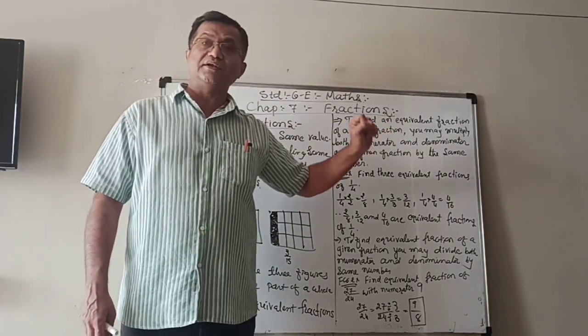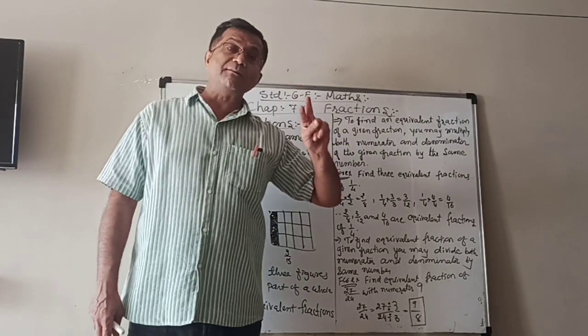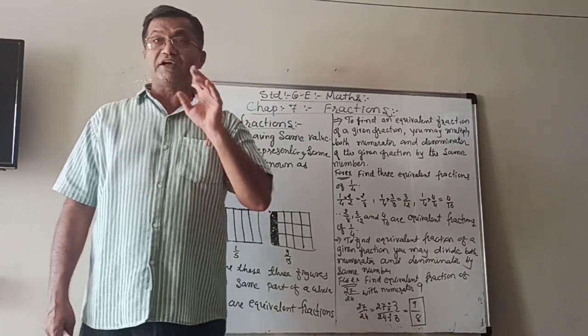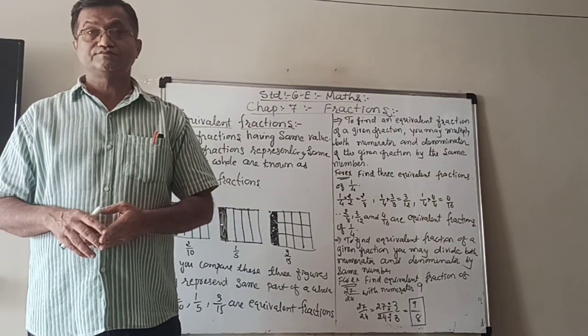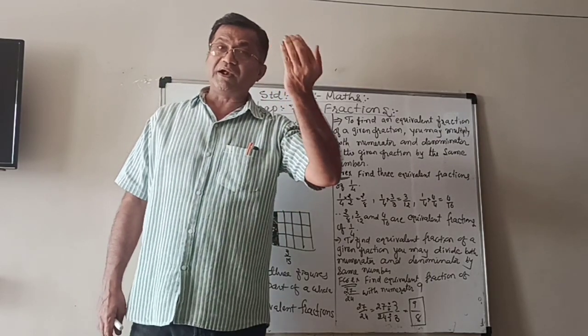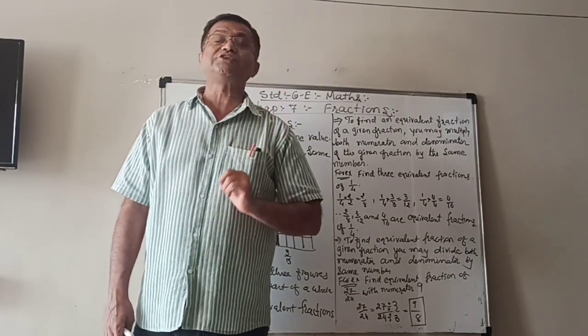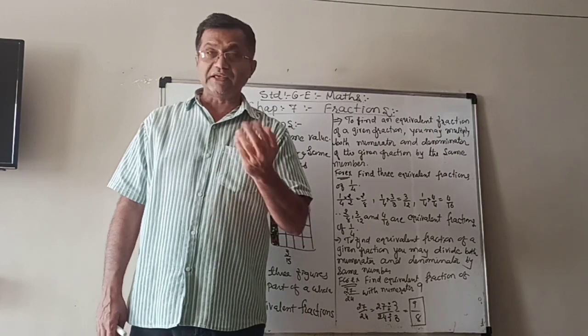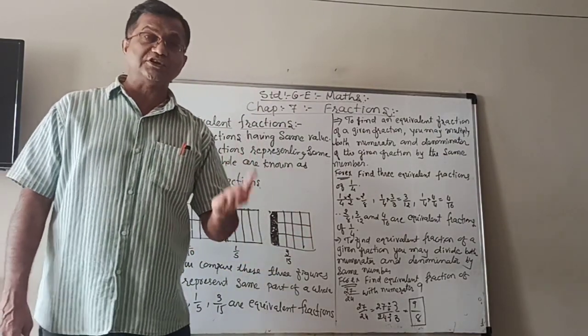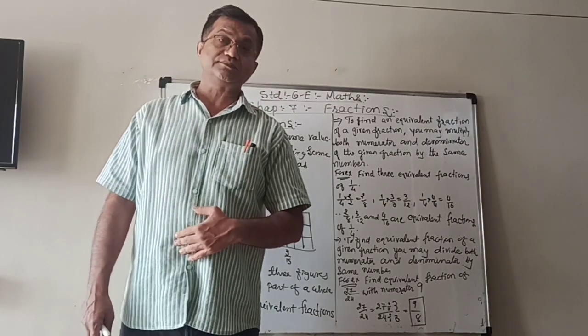As indicated here, you may multiply numerator and denominator with the same number. So if you multiply by 2, then you have to multiply numerator and denominator both by 2. And then the product that you get is the equivalent fraction of the given fraction.